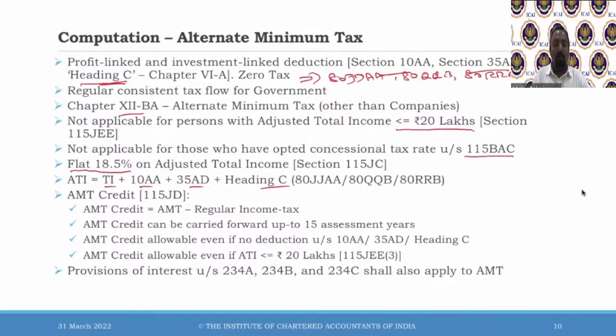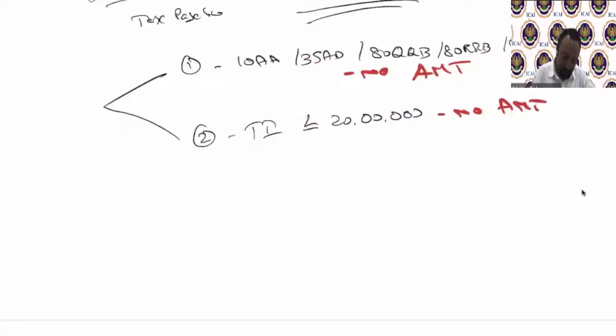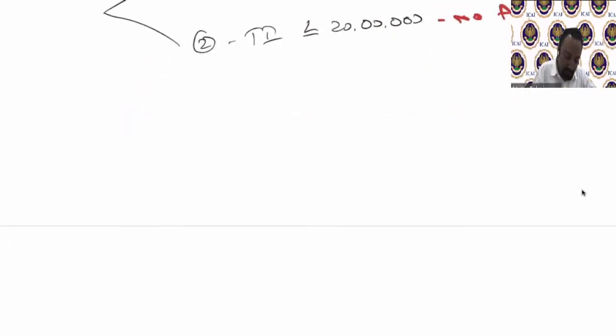Next, the provision says whatever you are paying extra can be taken as credit up to 15 assessment years. Now let's take a small example. Let's say my regular tax is 10 lakhs.